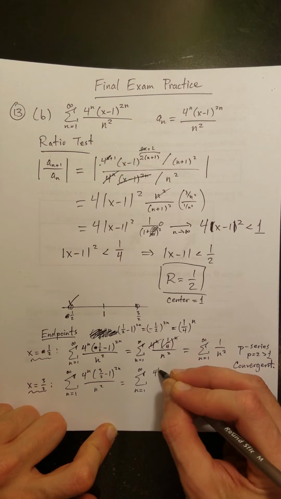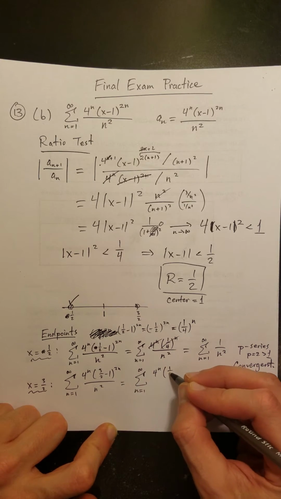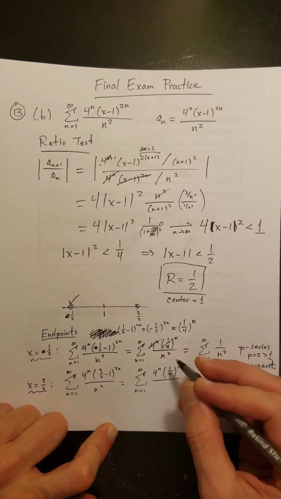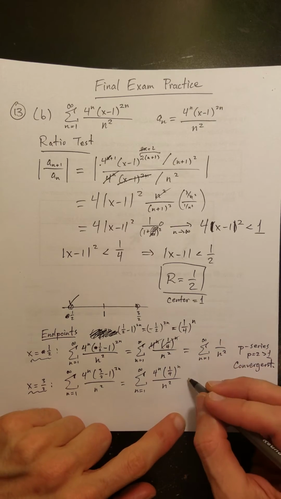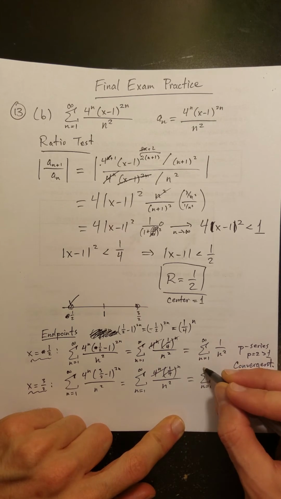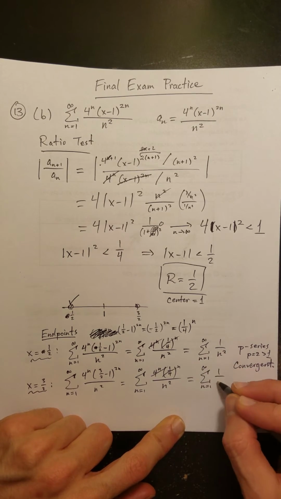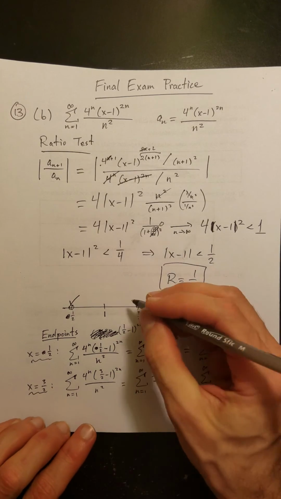And so we're going to get 1/2 squared is 1/4, so this is just turning out to be (1/4) to the power n divided by n squared, so it's exactly the same thing as we had before, just comes out as the same p series with p equal to 2, which is also convergent.